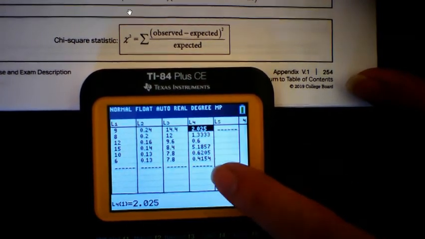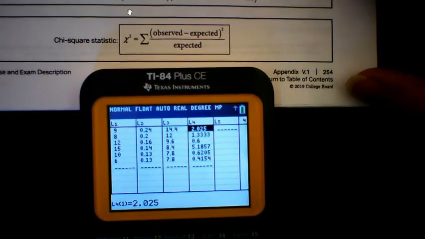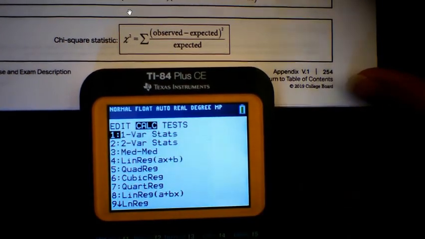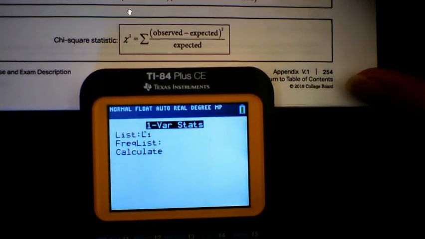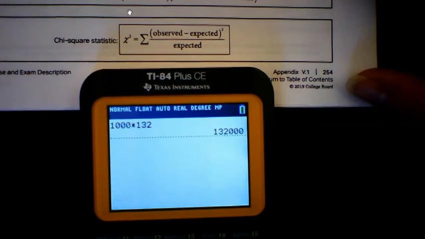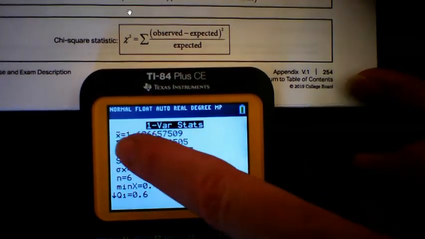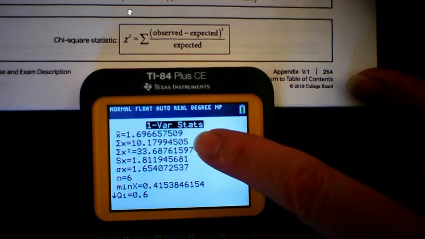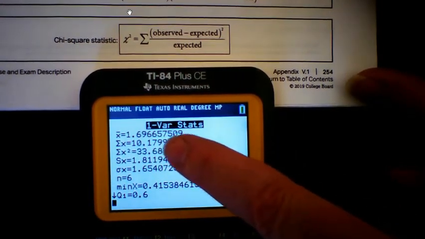Now, if I want to add up the L4 really quickly, a quick way would be to go back to your main menu and do Calc 1-Var Stats on the L4 list. Make sure your frequency list is blank. And then I can see that the sum of those was 10.179. So let's call that 10.18.